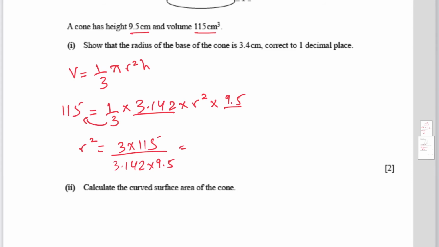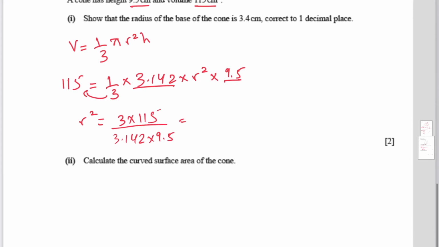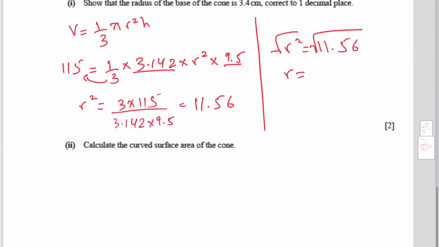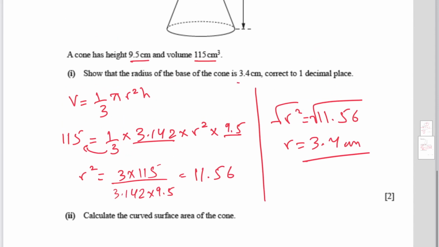This gives us 11.56. If r square is equal to 11.56 and we find the square root on both sides, r would come out to be 3.4 centimeters, which is the same as mentioned in the question.